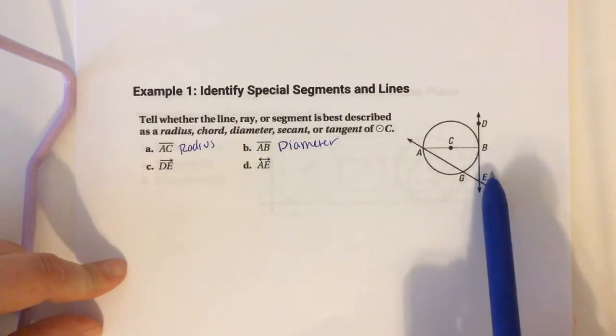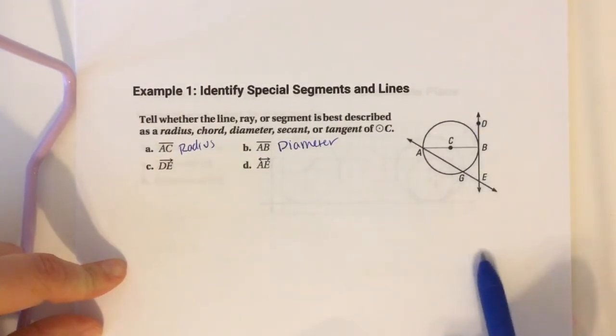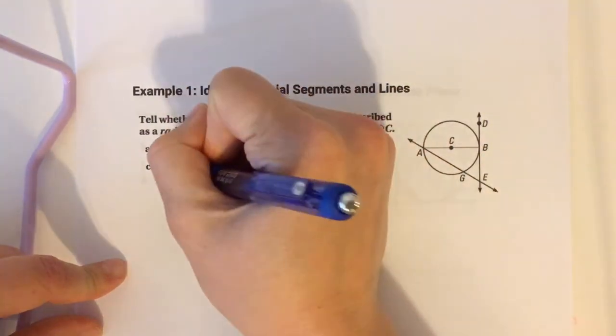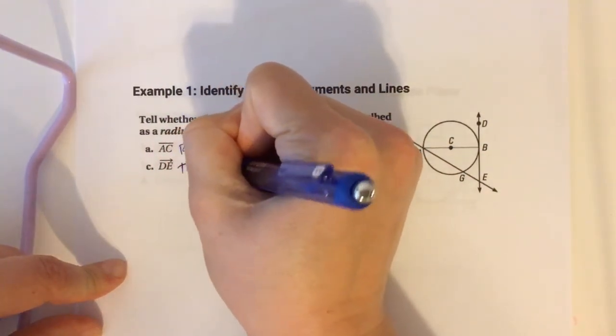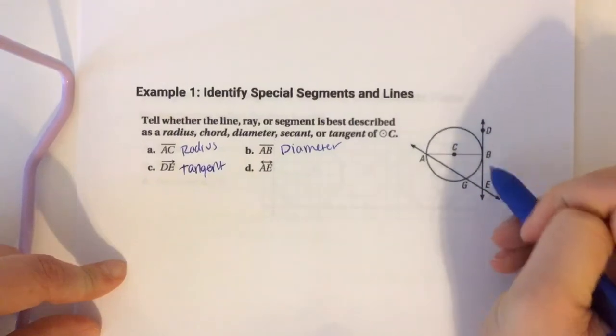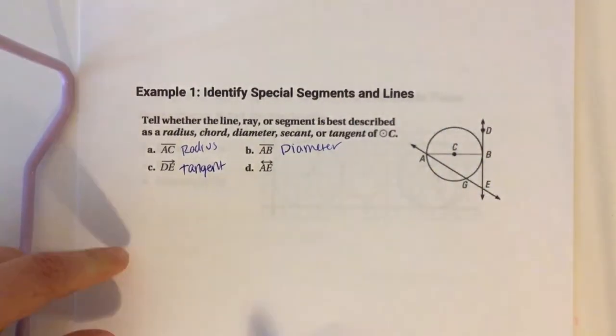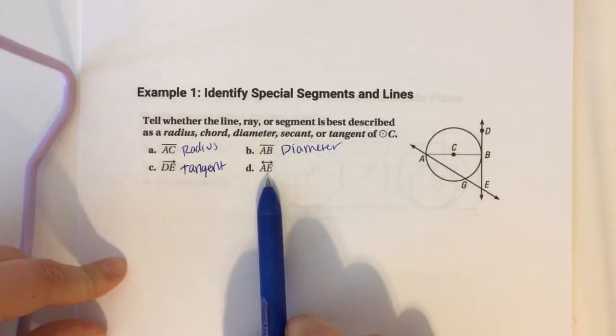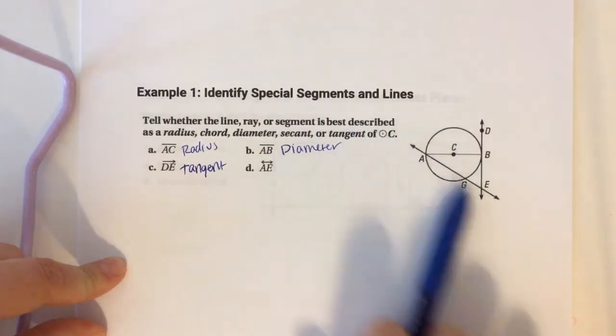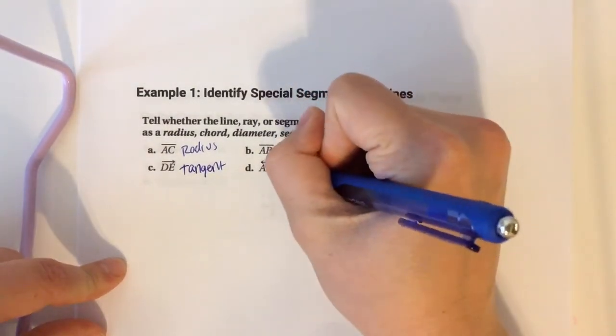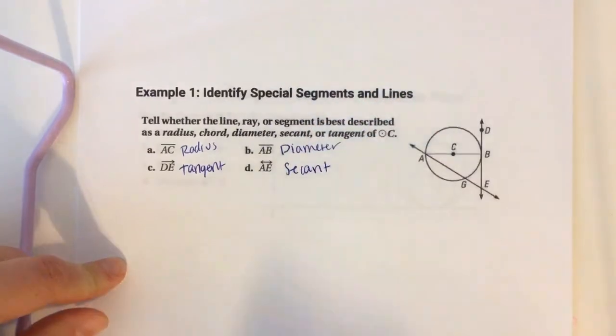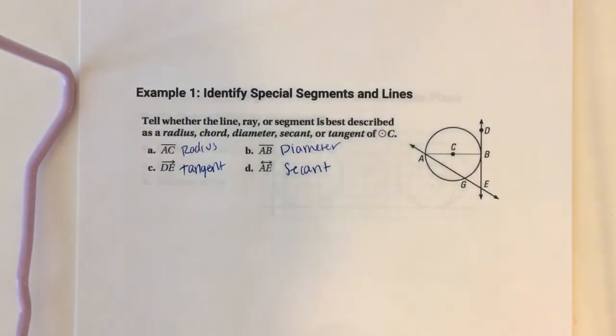Ray DE is going to be a tangent, because it only intersects at 1 point on that circle. Line AE is going through 2 points on the circle, so that's going to be a secant. And that's just using some of that vocab that we did last week.